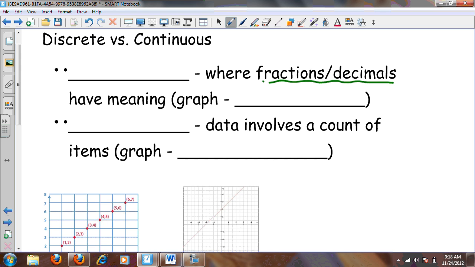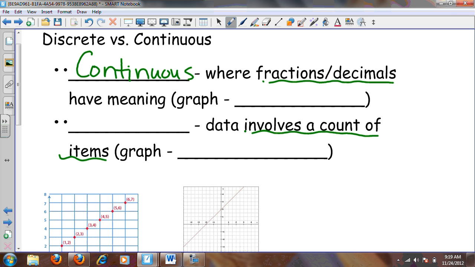The other one involves a count of items, meaning we have to have whole numbers. Continuous data involves fractions and decimals. They have meanings. When you're talking about money, when you're talking about weight, you're talking about things that could have a fraction of something. You can have part of $1.